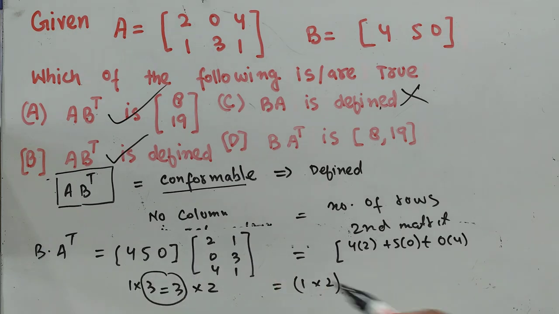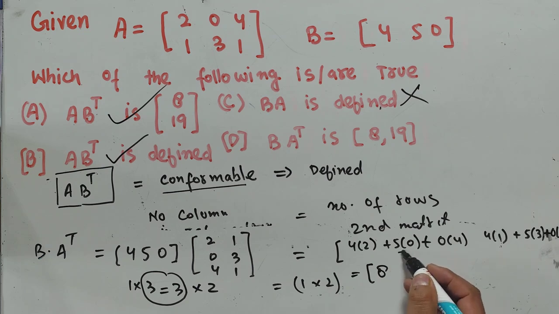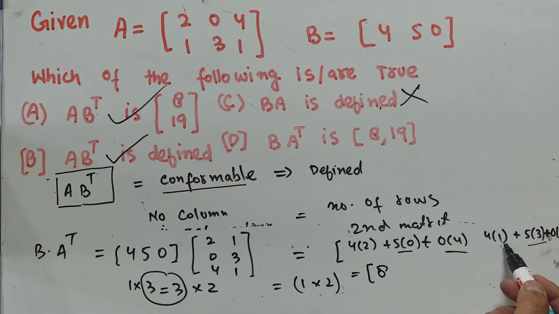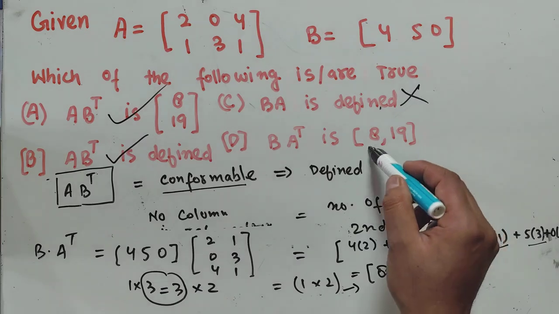Now we have 4 into 1 plus 5 into 3 plus 0 into 1. Let me write it here. So this is 4 2s are 8, this is 0, this is 0. Here we get 5 3s are 15 plus 4 is 19. So we get 19. Here you can see the order is 1 into 2, 1 row and 2 columns. So this option is also correct.